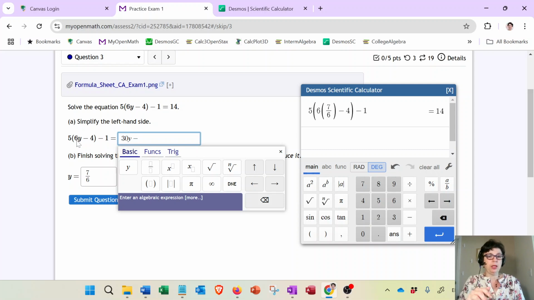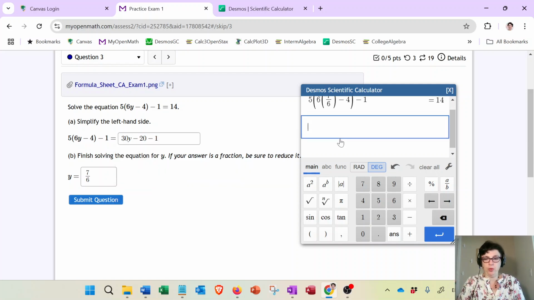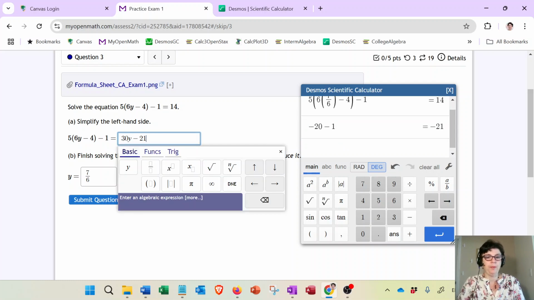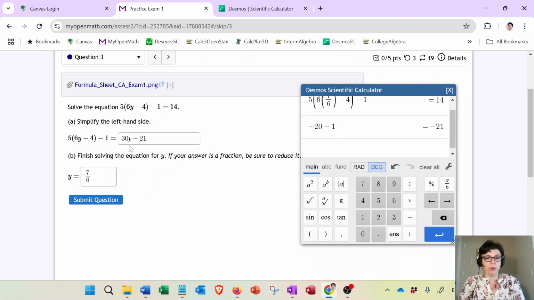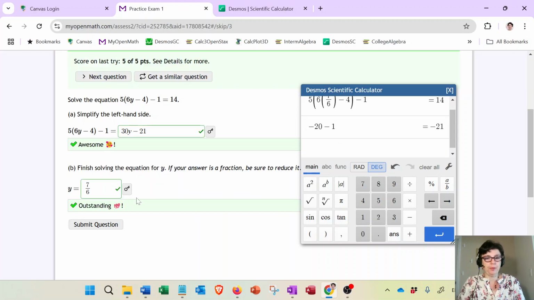Then subtract. 5 gets distributed to 4, so we multiply that. 5 times 4, that's 20. And then we're also subtracting 1. And the only thing that we can still simplify is minus 20 minus 1. So if you were to just type that here, it will tell you, okay, that's negative 21. And so that's going to be what needs to go into this side. All right.